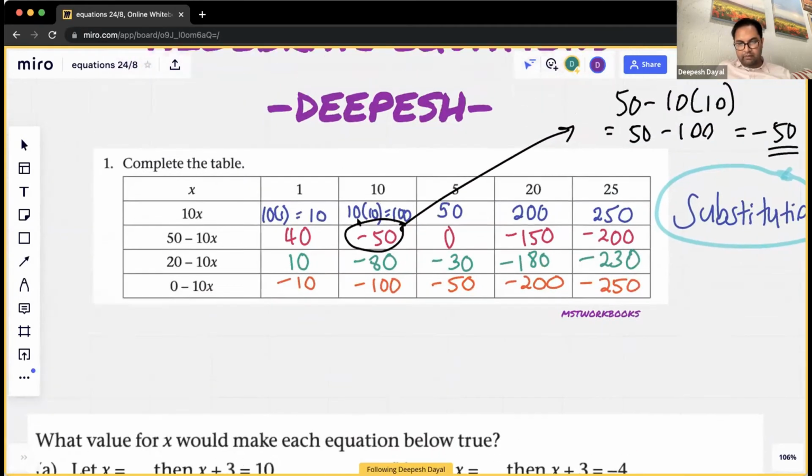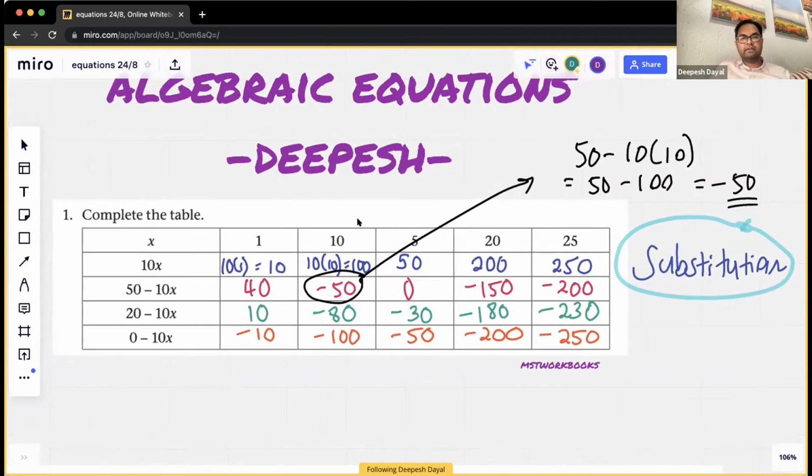I'm just going to leave it here for those of you who are still writing. Any questions? Yes, it is kind of like BODMAS, where we're doing the multiplication first, where we're timesing. I see how people, if they were not doing the timesing first, would have made a mistake. They could have said 50 minus 10 and then times the number, right? So you have to do the timesing first.